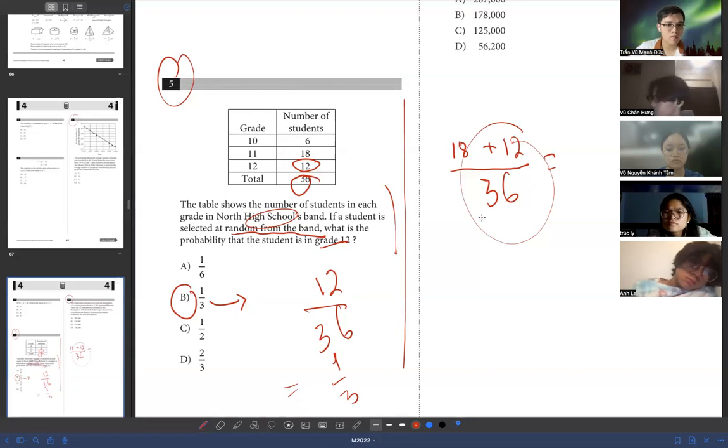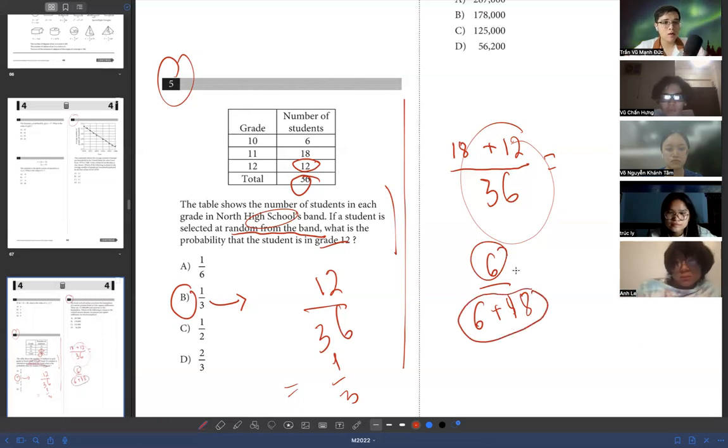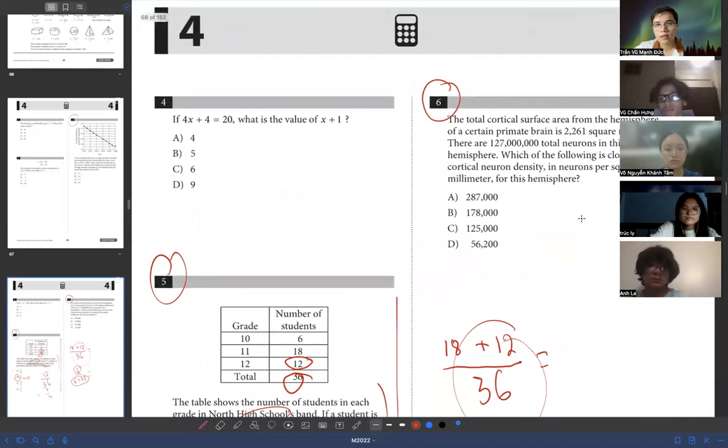If I pick from 11 and below. 6 over 6 plus 18. Exactly. You just take 6 divided by the largest possible population. I'm talking about 11th grade and below, so it's 18 plus 6, and you get that one. All right, very good.